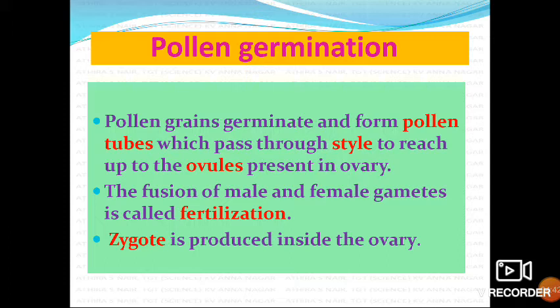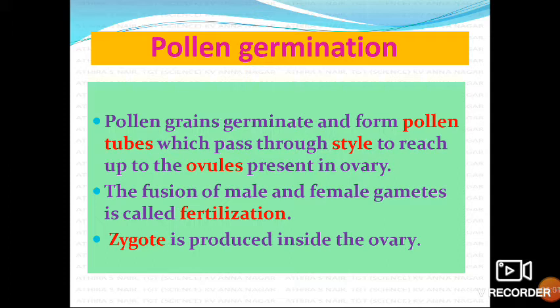Then it reaches the ovule present inside the ovary. The male gamete is present inside the pollen tube, and the female gamete, or egg, is present inside the ovule.